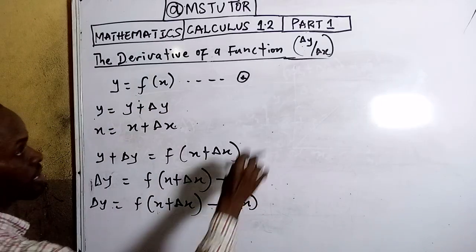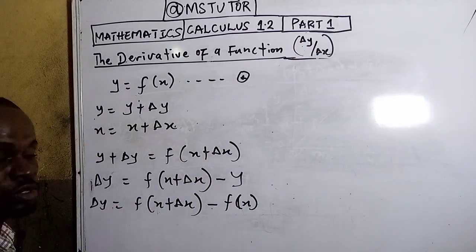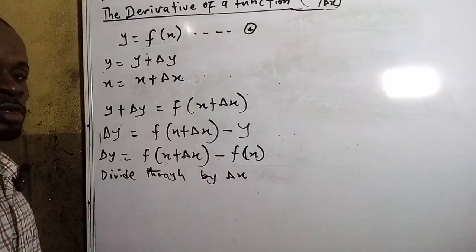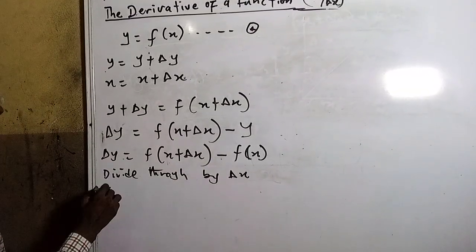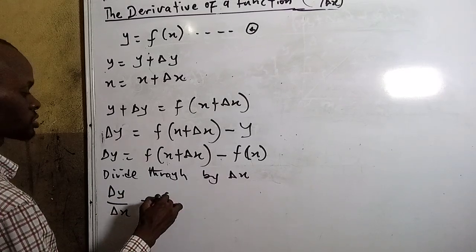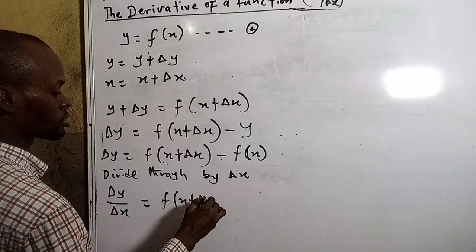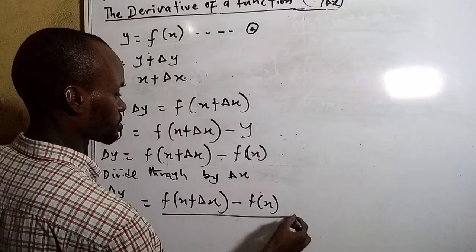And remember, the expression we are looking for is dy on dx. So what do we do? The next thing we do now is divide through by dx. So what does this become? dy on dx equals f of x plus dx minus f of x, all over dx.